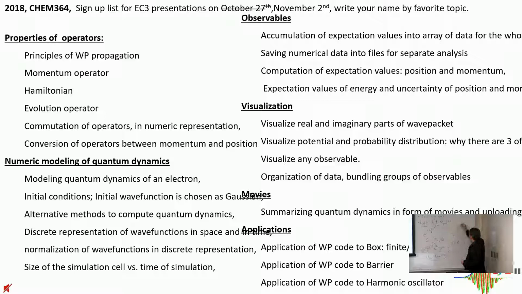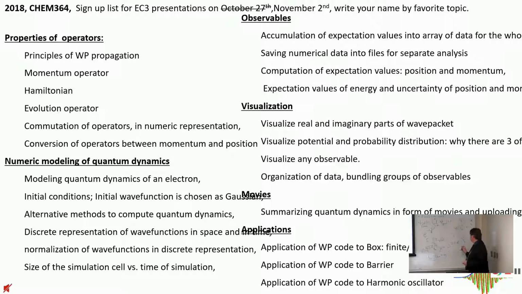Our x is represented by a set of discrete values: x1, x2, x3, x4, n times, and they are all offset by small values. Then our wave function at each specific time will be the wave function at point 1, at point 2, at point 3, at point n, right? This is not a problem.